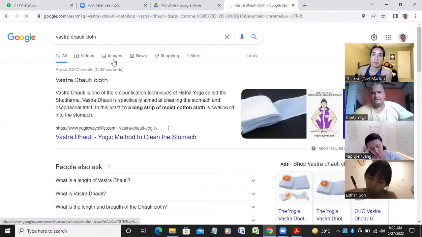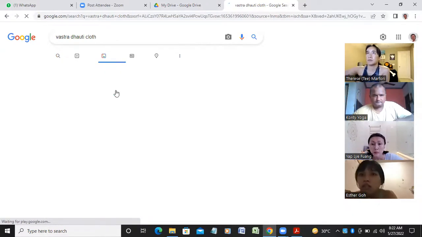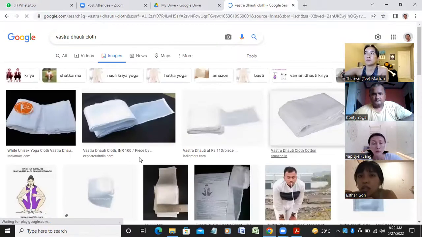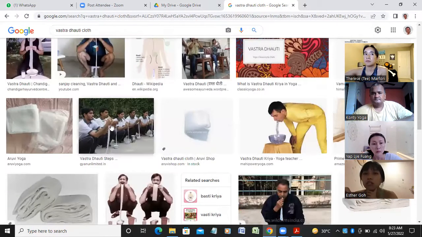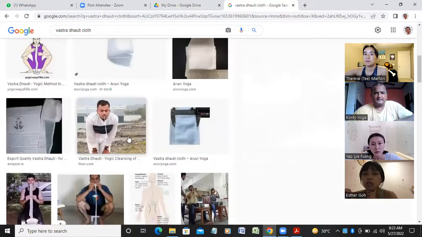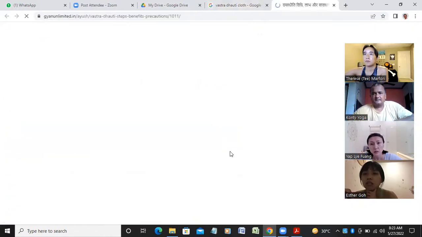Can you see this white cloth? This is the cloth. This is 7 meters of cloth, and this is the stance. Can you see this stance?